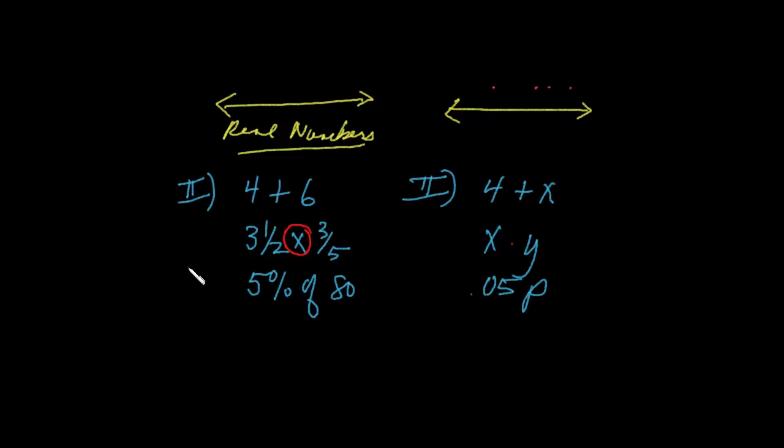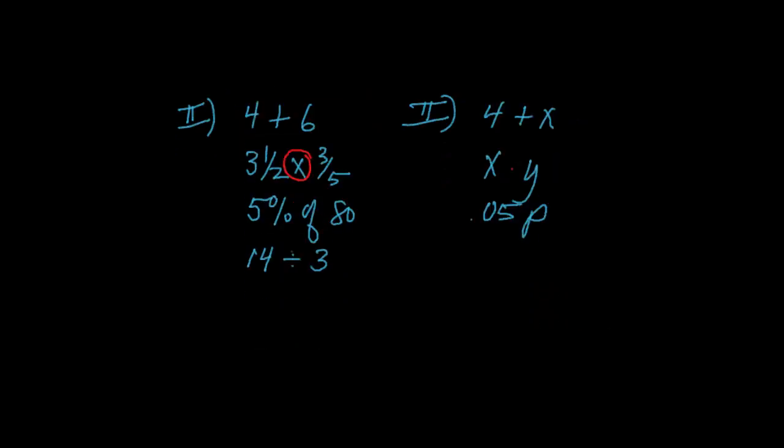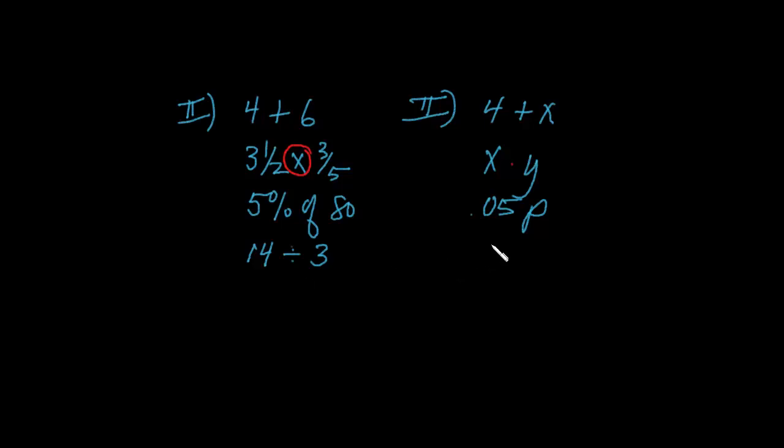Another one, since we're looking at these subtle points: if we were given something like 14 divided by 3 as the basic math problem, when you write division problems in general as algebraic expressions, more often than not, we use the fraction bar.